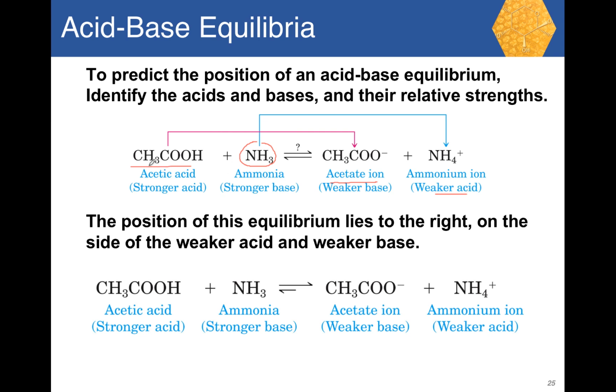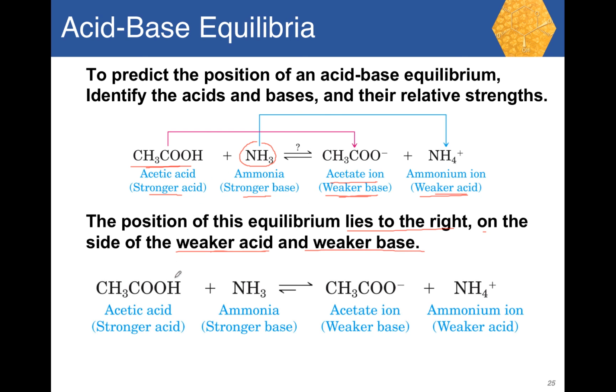So if acetic acid is a stronger acid, and ammonia is a stronger base, then on a relative scale, this equilibrium will shift towards the weaker conjugate base and the weaker conjugate acid. So in other words, the equilibrium will lie to the right on the side that has the weaker base and acid.